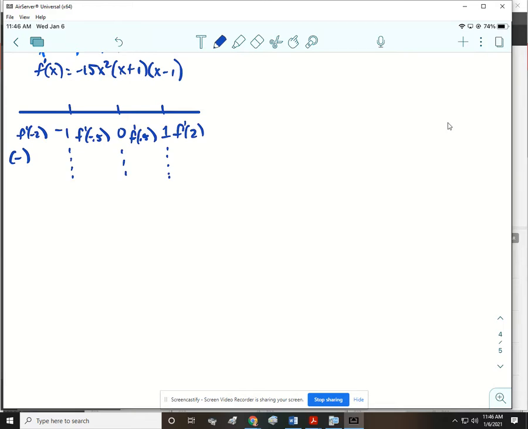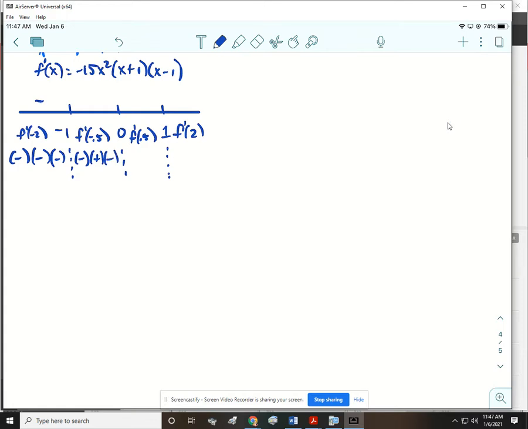All right, then when I put -2 in, -2 plus 1 is a negative. And then when I put -2 in the last factor, -2 minus 1 is also a negative. So a negative times a negative times a negative is a negative. Okay, and then again, everything I put into that first factor is negative. Right? -0.5 plus 1 is a positive. -0.5 minus 1 is a negative.